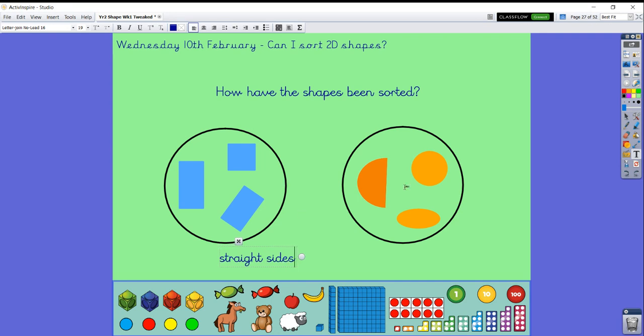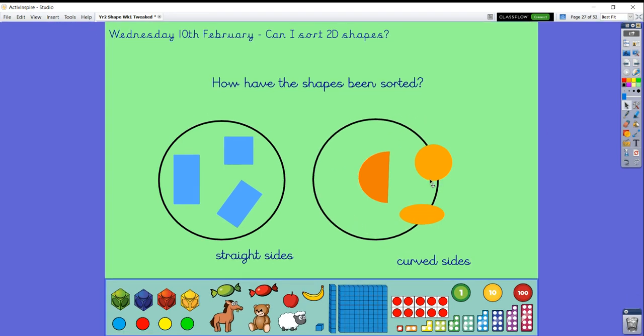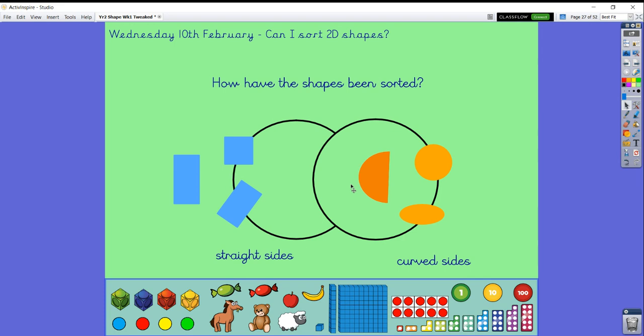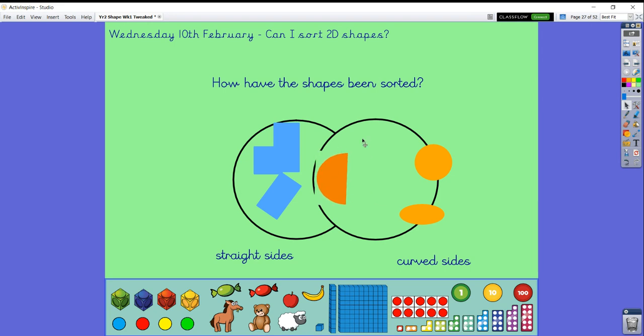Now, what I could do, and this one has got curved sides. What I could do is overlap my circles a little bit because there's a shape that has both, isn't there? Our semicircle could go in both.